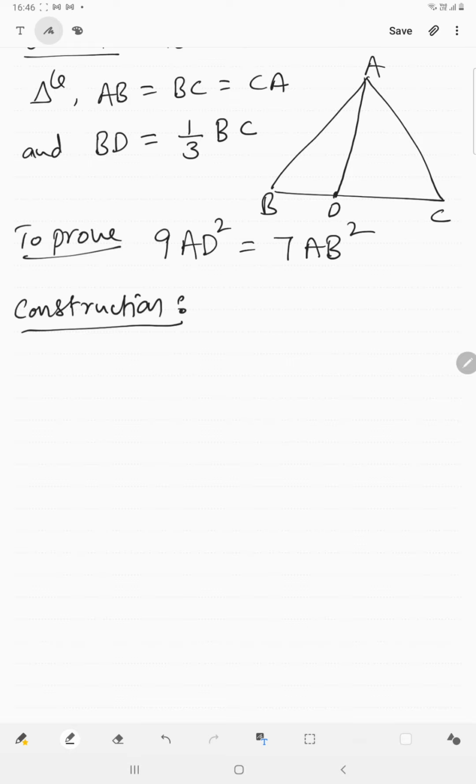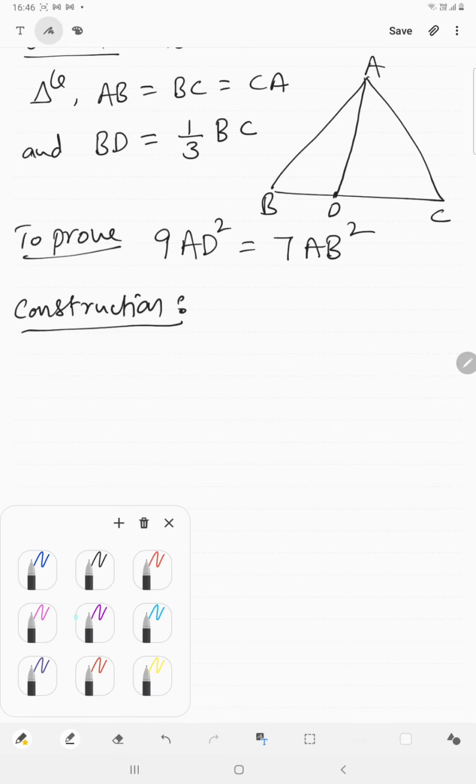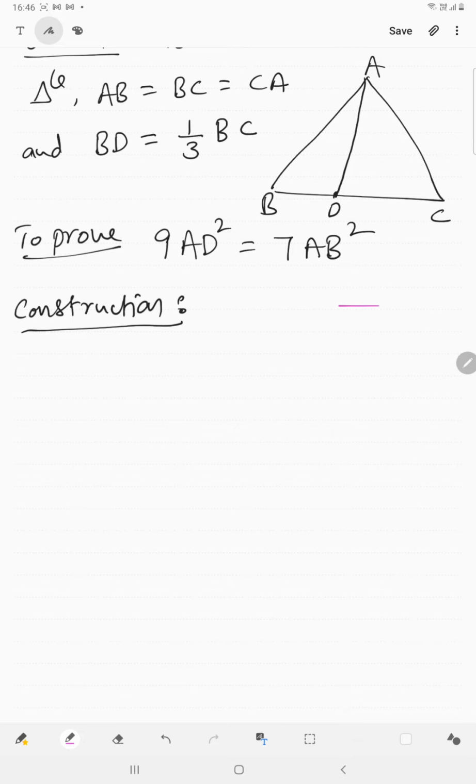So in construction what we will do? See, our triangle is equilateral triangle A, B, C. Now what I am doing? I am constructing AL.